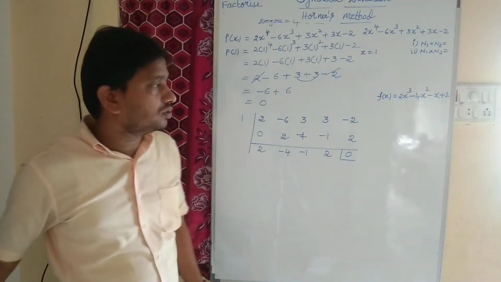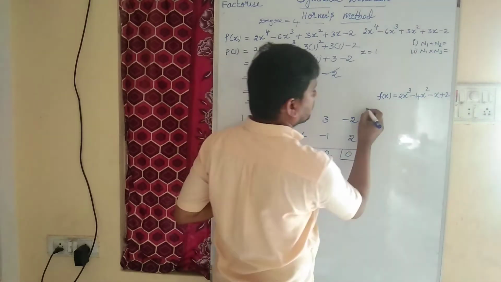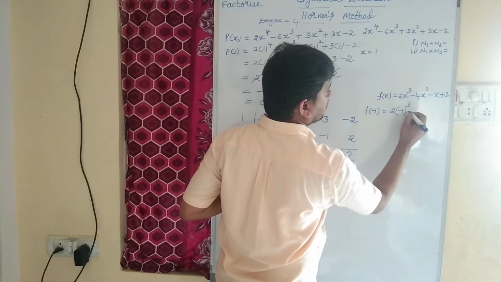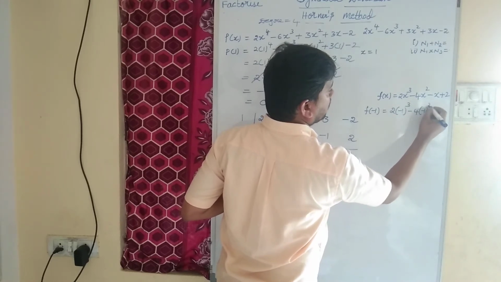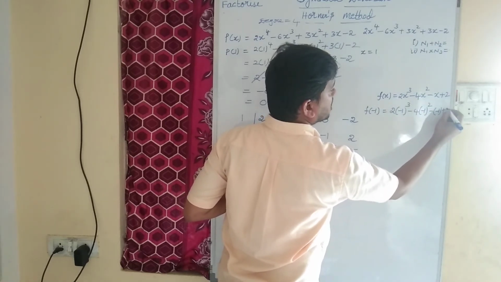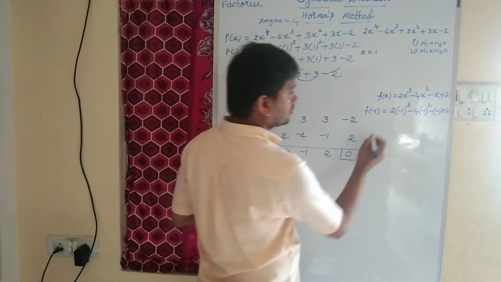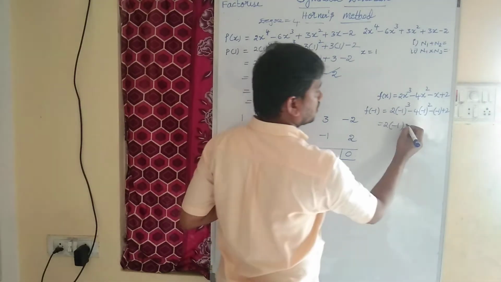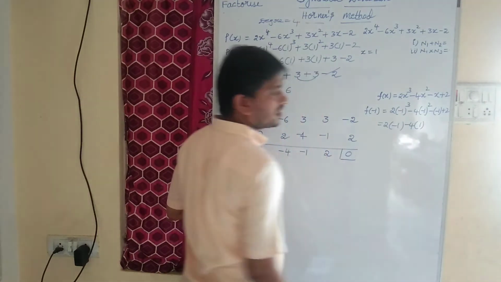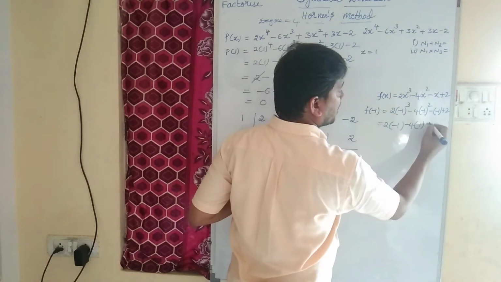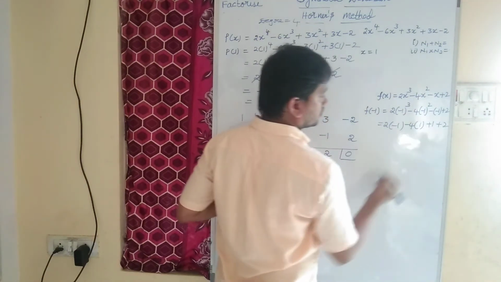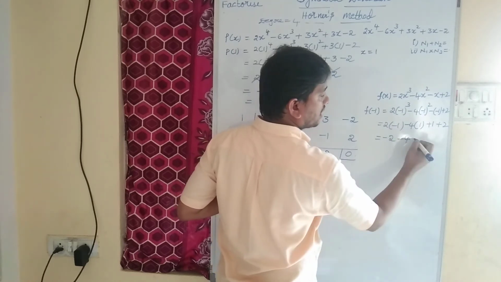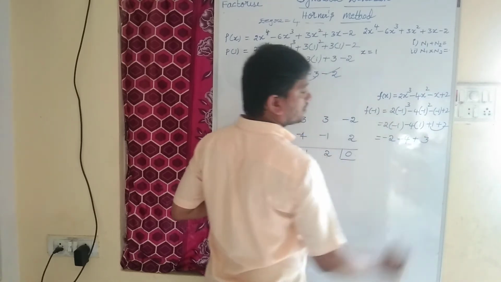Right? Now what to do? Let us substitute x is equal to minus 1, whether we will get answer 0 or not. 2 into minus 1 whole cube minus 4 into minus 1 whole square minus of minus 1 plus 2. 2 into minus 1 whole cube means minus 2, minus 4 into minus 1 whole square means minus 4, plus 1 plus 2, 3.